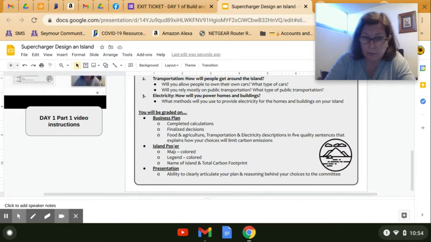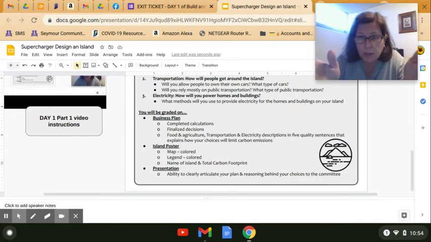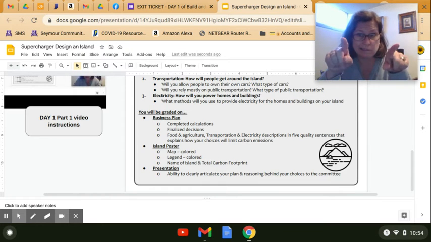You're going to make an island poster, or it can be in this slideshow or some other Google presentation, drawing, or something. We'll talk more about that when we get to it. We have some figuring out and thinking to do first. You're going to make a legend that should be a nice visual color too.